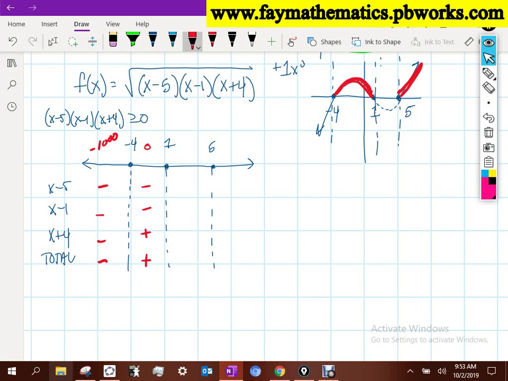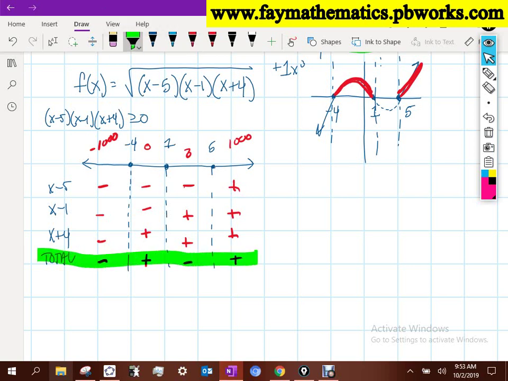So maybe I choose like 3. 3 minus 5, negative. 3 minus 1, positive. 3 plus 4, positive. Total is negative. Choose 1,000. Are these all positive? Total's positive.